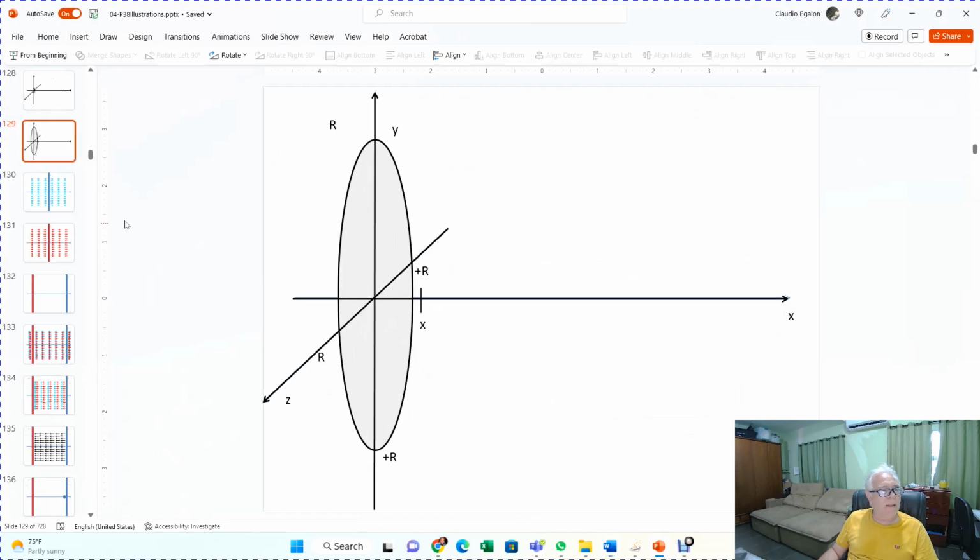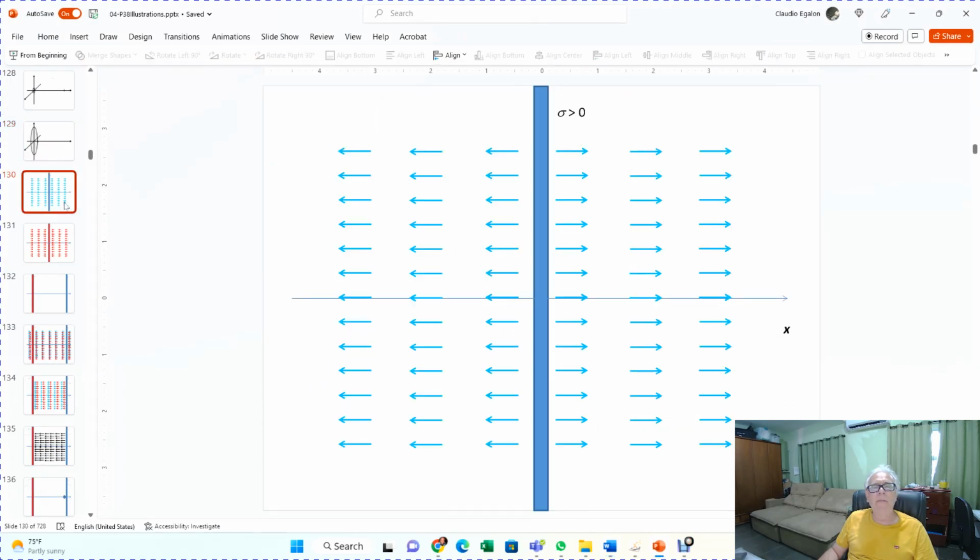So here you go. What does it mean? It means that we have this type of situation. When the charged surface is very large compared to the distances from the plate itself, the electric field is going to be uniform, just like you see right here, along the x direction.